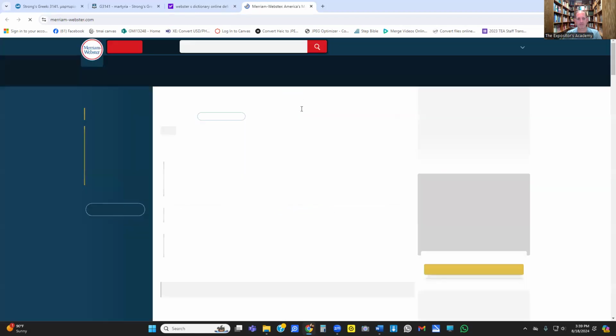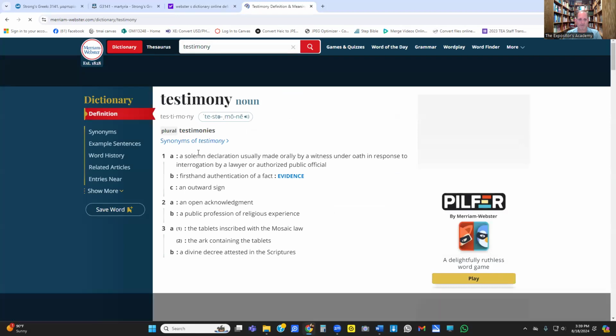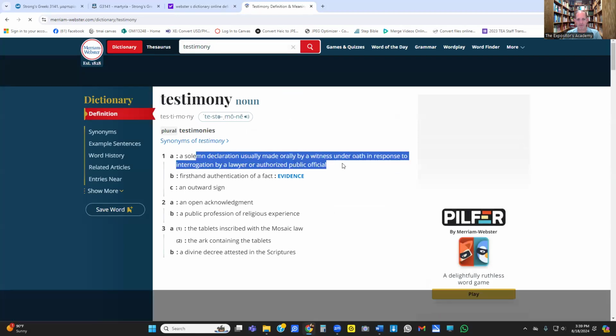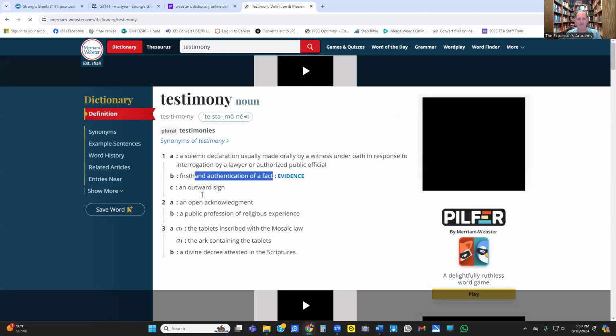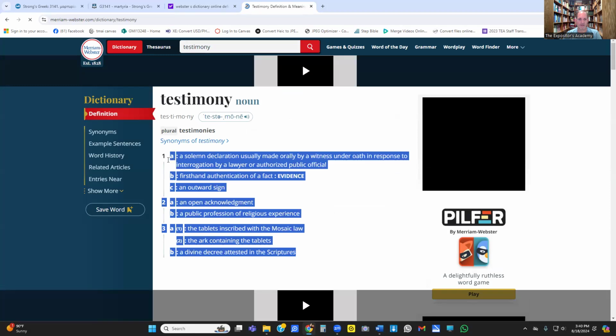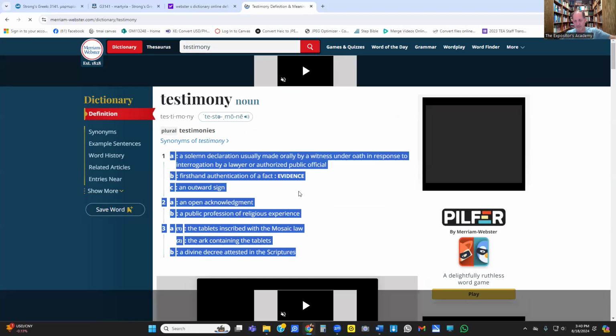And this will give you what the English word means. That can be helpful. Declaration made by a witness in response to interrogation, firsthand authentication of a fact. Okay, so this might give you some helpful insight into the English word. So all English translations use the same word, testimony.